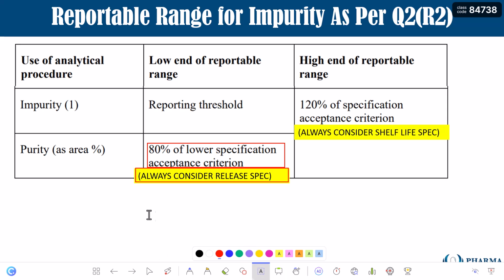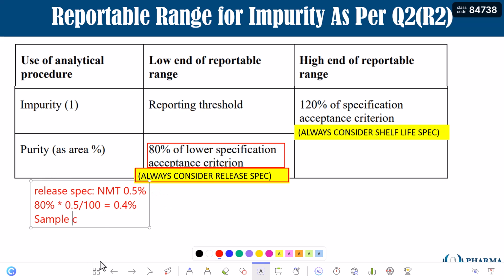So what is the specification we have for release spec? Let us say the release spec is not more than 0.5%. So 80% of 0.5 is going to become how much? Is it 0.4%? 0.4%. Now, what is your sample concentration? Use the same logic. My sample concentration is 1000 ppm, and that is going to become my 100%.